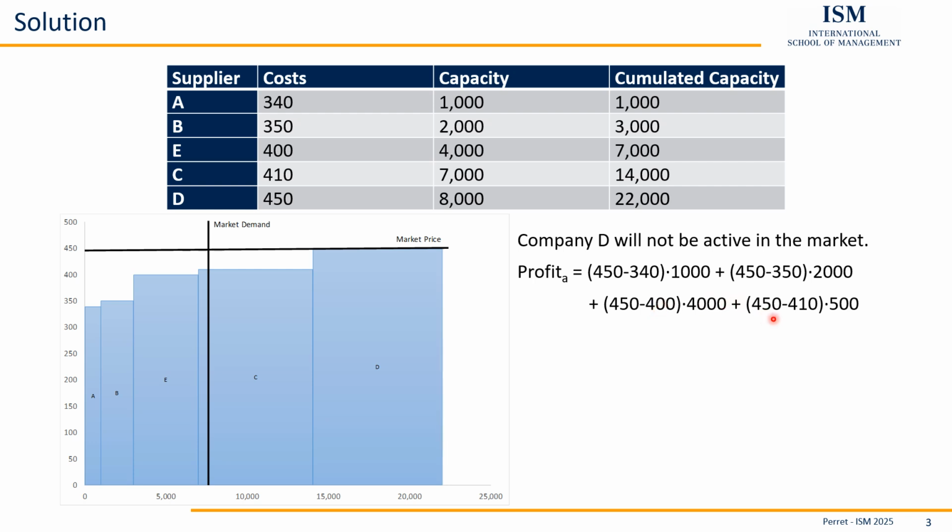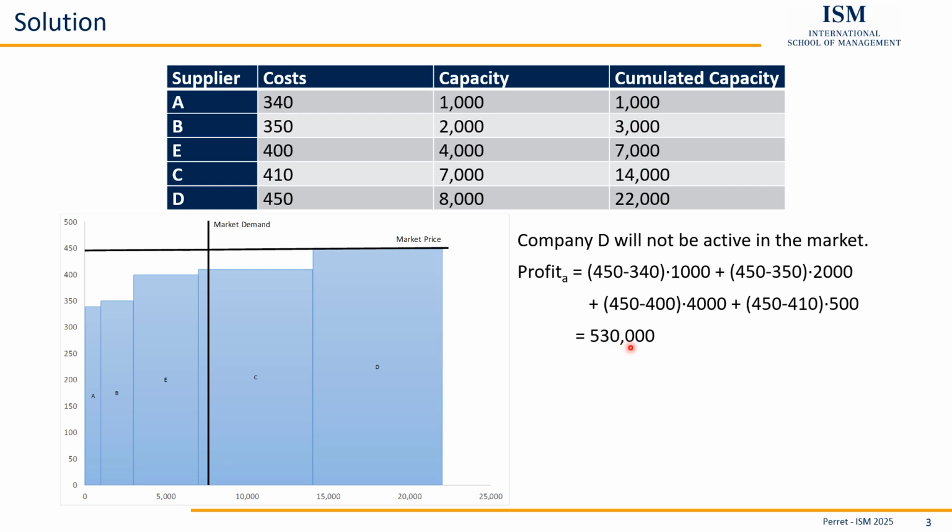And then we get the last one active, the C. As we said, he only supplies 500, so we multiply the 500 with 450 minus 410, giving us his contribution to overall profits. So we get a total profit in this first situation of 530,000.